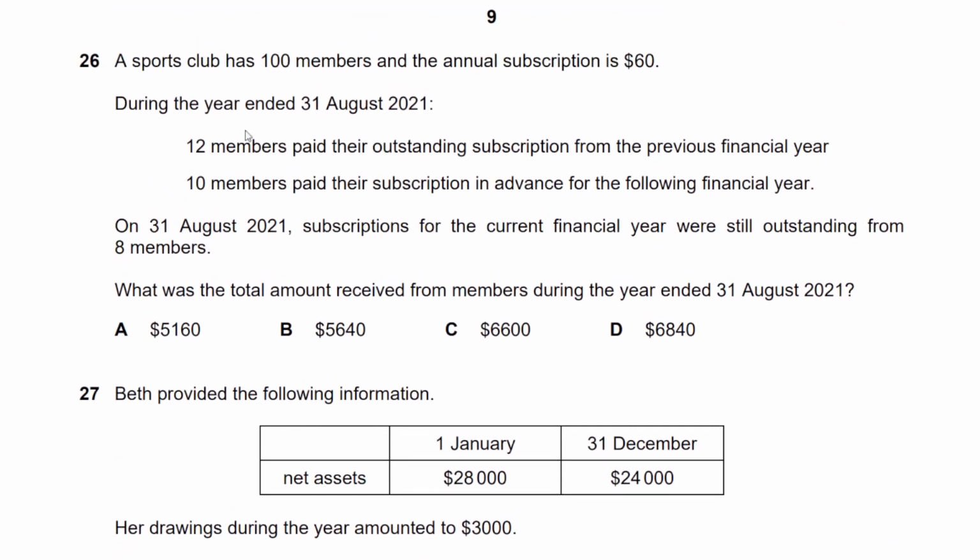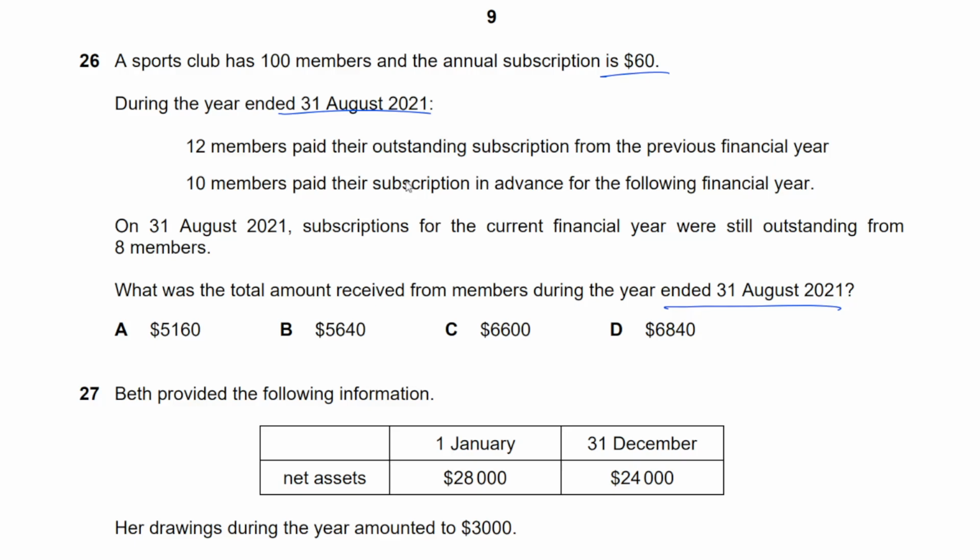Number 26. A sports club has 100 members and annual subscription is $60. During the year ended 31st August 2021, some things were happening. Let's see what's the question. What was the total amount received from members during the year ended 31st August? Okay, that can take some time. 12 members paid their outstanding subscriptions from the previous financial year. 10 members paid their subscription in advance for the following financial year.